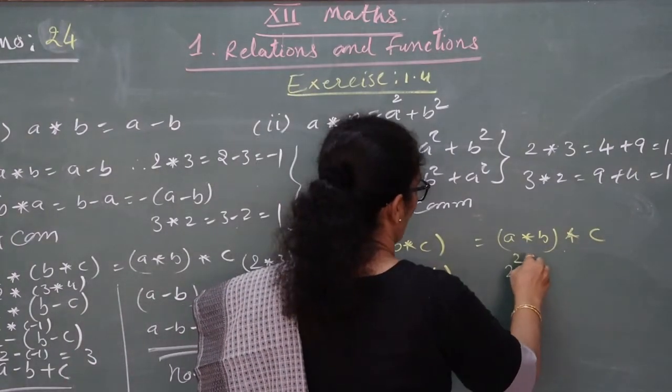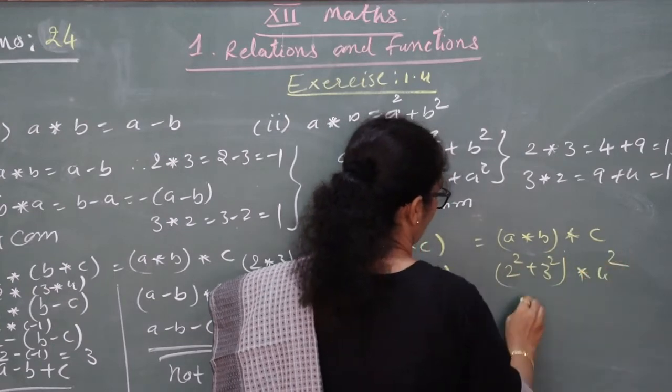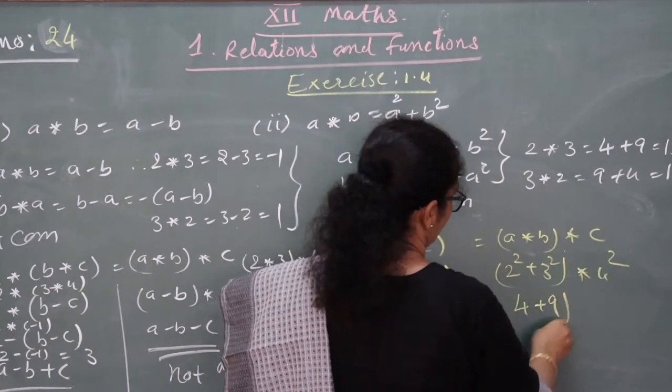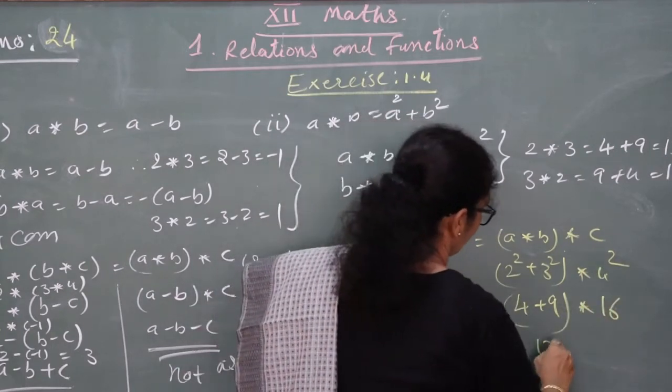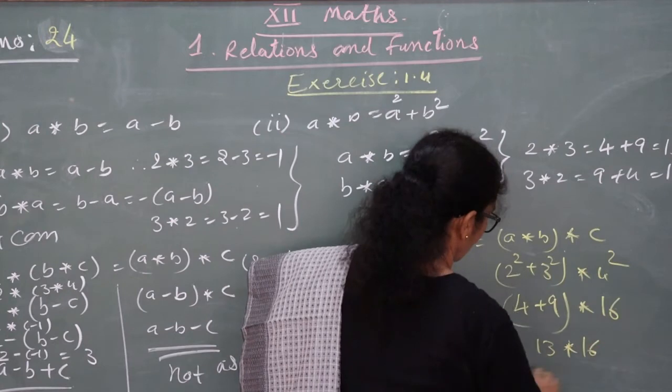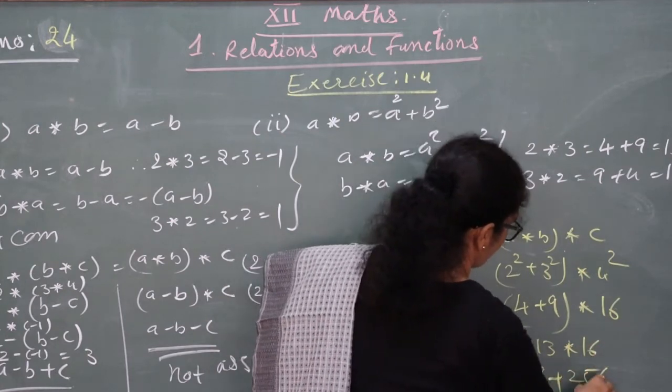Now here, 2 square plus 3 square asterisk 4 square. Now 4 plus 9 and 16. 4 and 9 is 13, asterisk 16. 13 square is 169 and 16 square is 256.